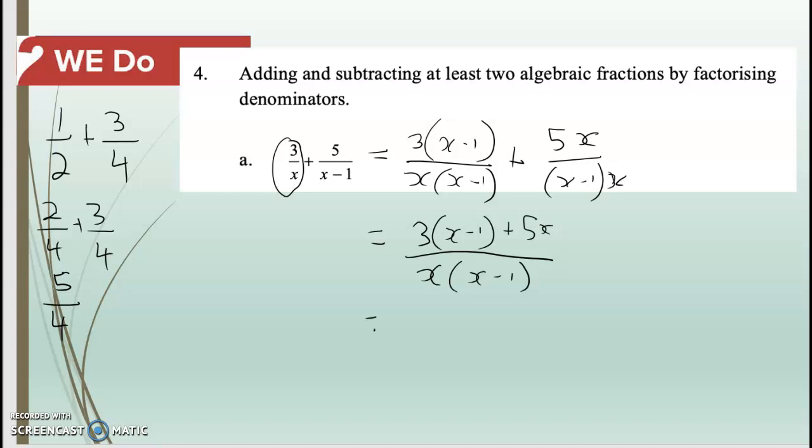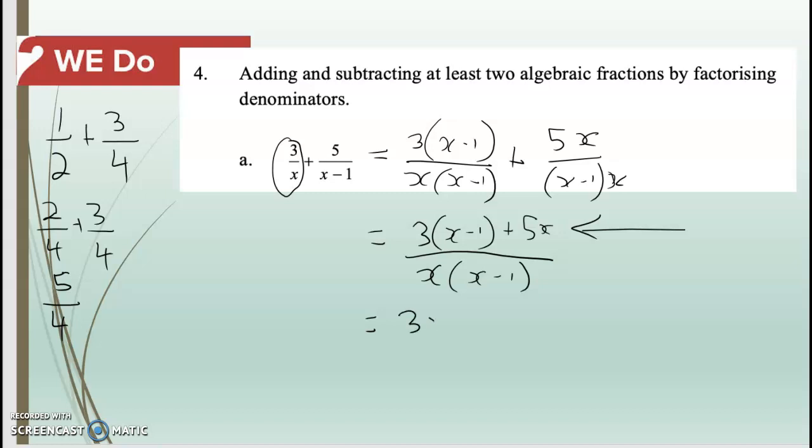Normally in these questions, we just expand and collect like terms on the numerator, simplifying the top into its simplest form. Remember that you can't just cancel factors at this point. Even though you can see an x minus 1 on the top and the bottom, you can't do that because the top isn't fully factorized.